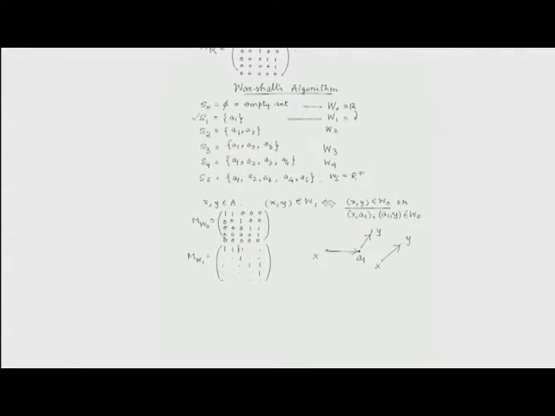Now, I have to decide whether to put 1 or 0 in, let us say, this position, that is first row and third column.